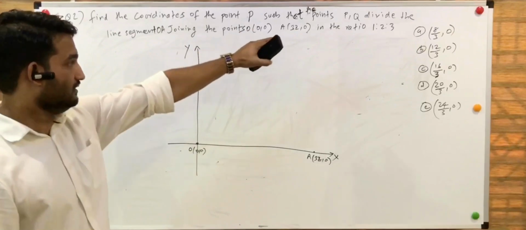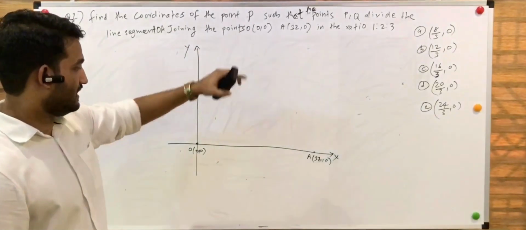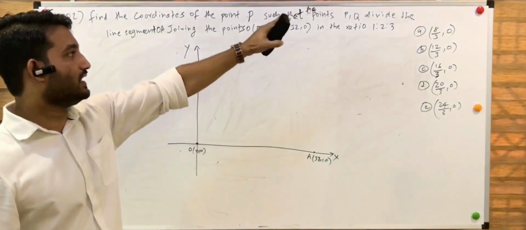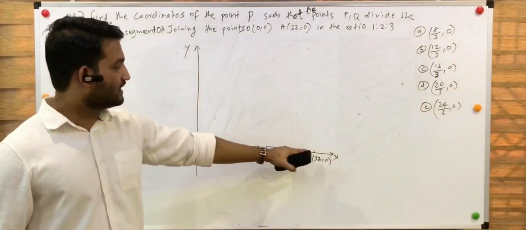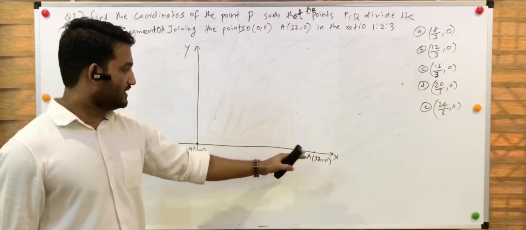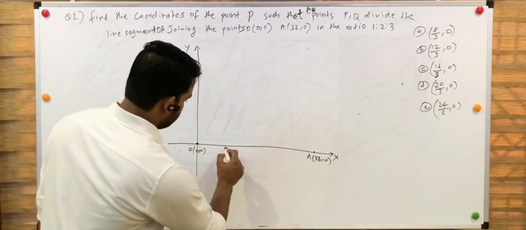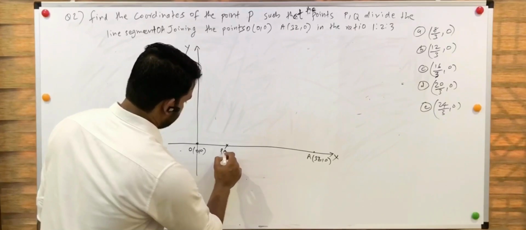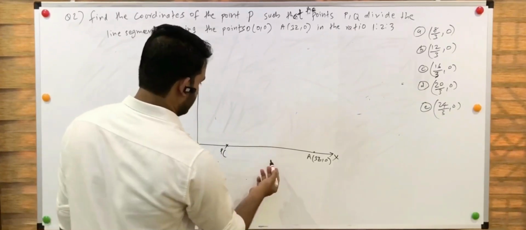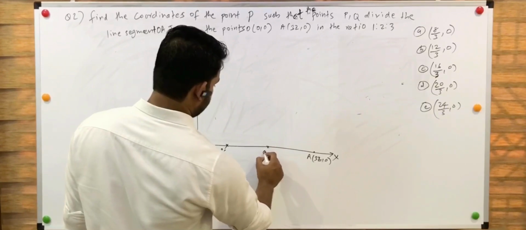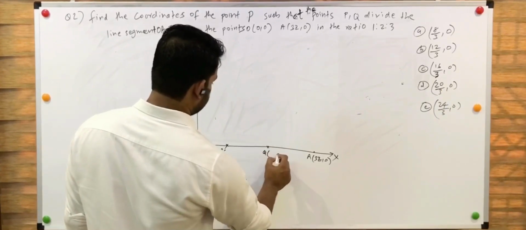And to divide the line segment in the ratio 1:2:3, P and Q must lie somewhere on this line segment OA. Let P be here and Q be here.